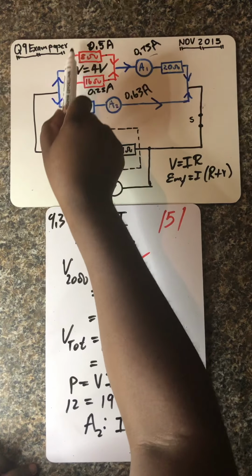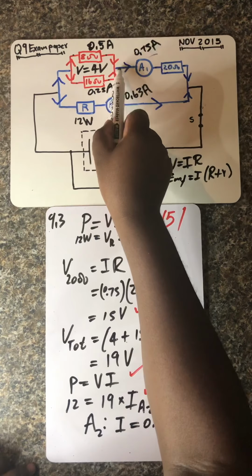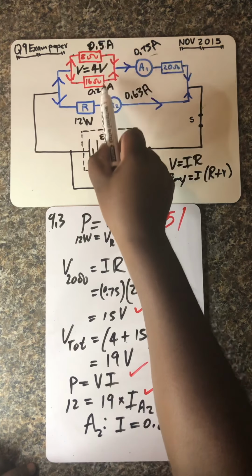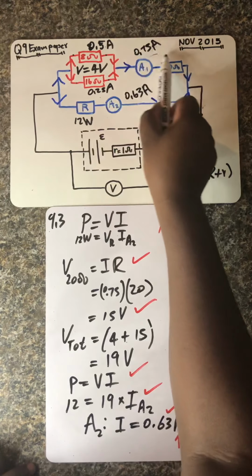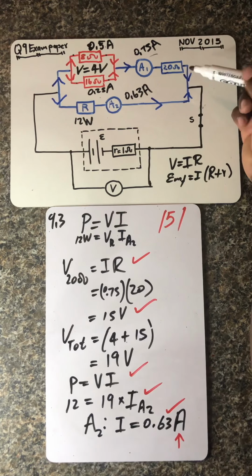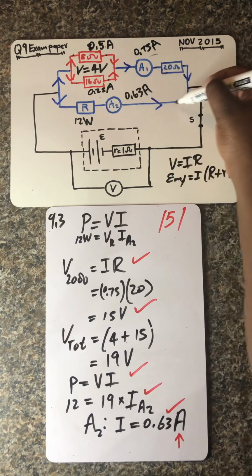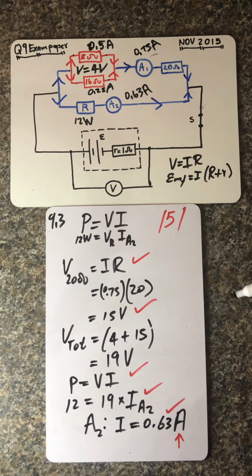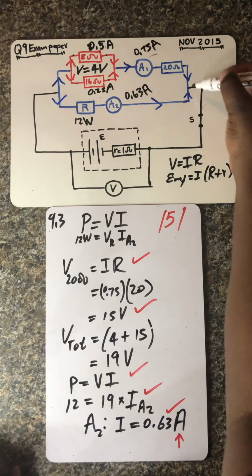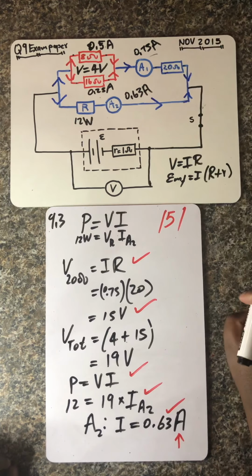So a part of it will flow through that side, a part of it will go through that side, and when it gets to that point, it is the combination of these two currents, so it's 0.75. From that side, when it gets there, it combines, it joins. So the current flowing there is the combination of these two currents.